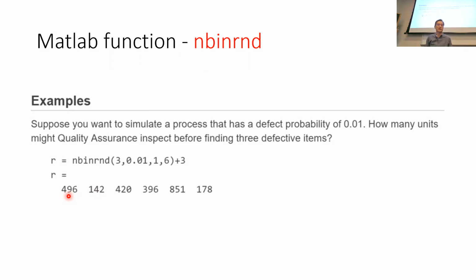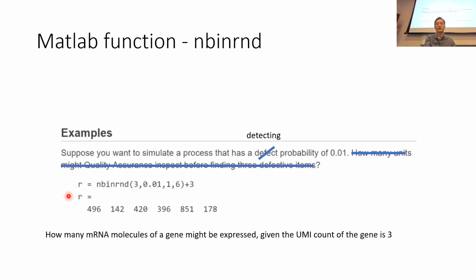Once I have enough trials, I take the average of these. Okay, so I'm going to translate this into the context of the single cell study. I'm going to carry this over into a detection probability.